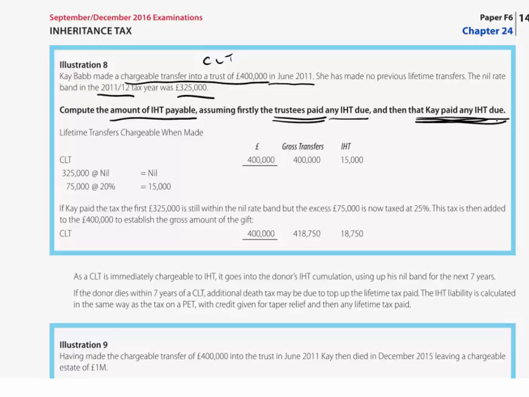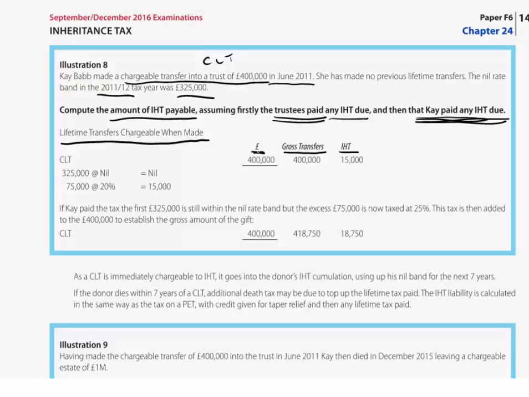Right, we now need a new computation headed lifetime transfers chargeable when made. We saw that on death we had a computation headed lifetime transfers chargeable on death. This one is for CLTs in lifetime, lifetime transfers chargeable when made. We'll now see that we use 3 columns. We still have our gross transfers column and our tax column, our IHT.